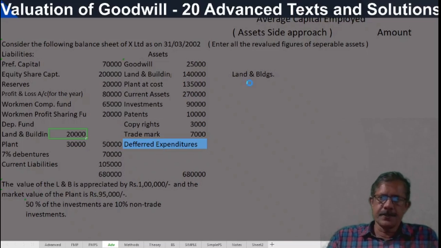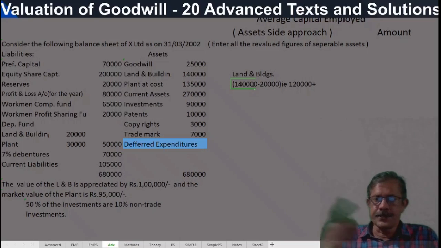So we can say that 1,40,000 minus 20,000, that is 1,20,000, plus it is appreciated by 1 lakh, is equal to 2,20,000.